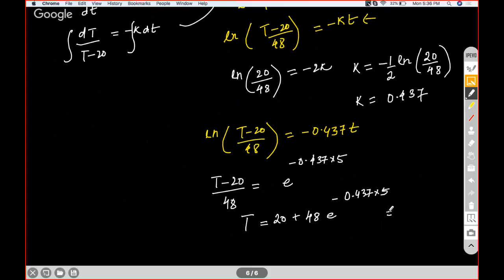Yeah, they say approximately 26 degrees Fahrenheit. Okay. Part 2 of the same question.